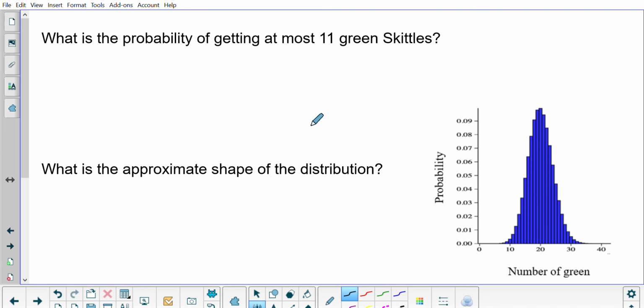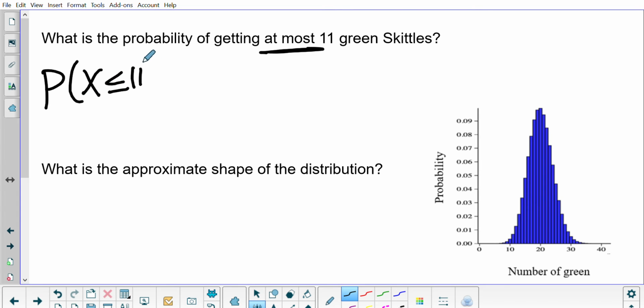What is the probability of getting at most 11 green Skittles? Now I said we ignore the independence, so I can say that this is a binomial distribution. We can use binomial CDF here because it's going to be in inequalities.